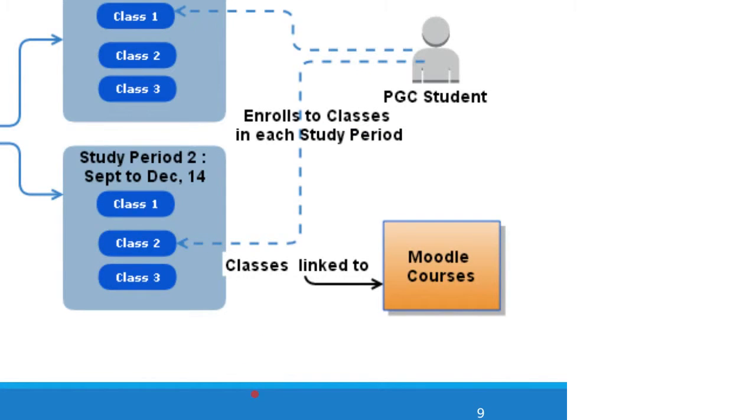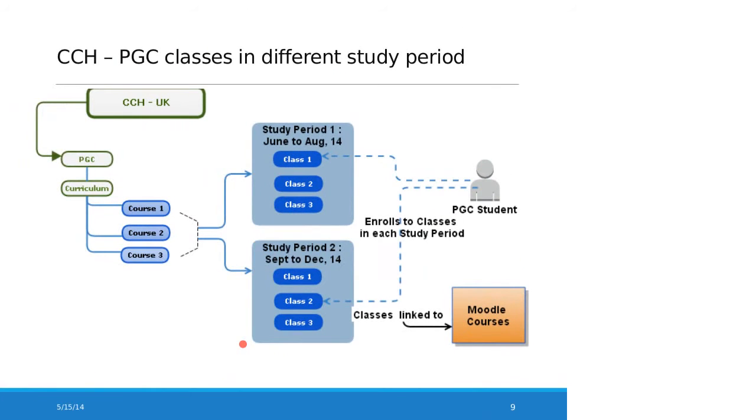Let me show another one. CCH wants to offer this curriculum, but the tricky part is they want the PGC student not to have to take all the courses, though they can if they wish. It should be a choice for the student to take class 1 in study period 1, from June to August, and be able to take class 2 in another study period.